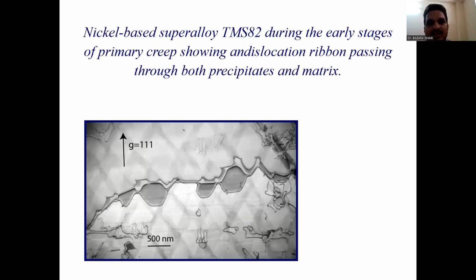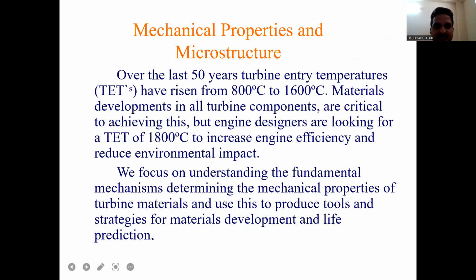For these nickel-based superalloys, this grade shows the coding during the early stages of primary creep, and how the dislocations, in a 500 nanometer structure, take a major role, like droplets or other generated structures, and how the ribbon passes through both precipitates and matrix.